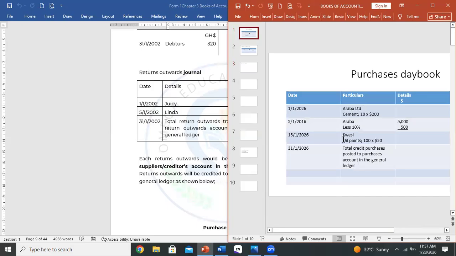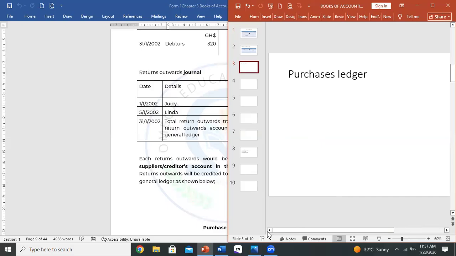You are using your pencils, your pens and exercise book, and you use your ruler or straight edge.